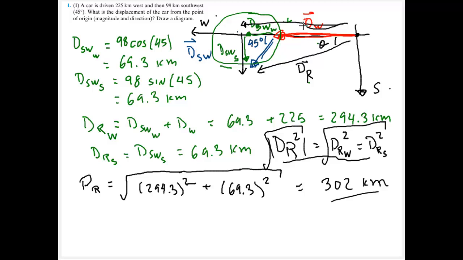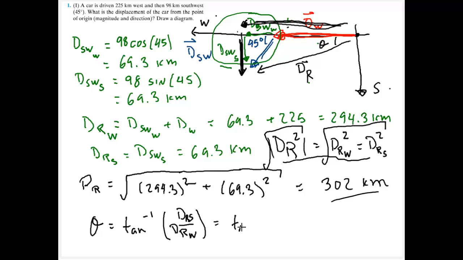We know that right there, that's the result in the westerly direction. We know this guy right here, the result in the southerly direction. So I know the opposite and adjacent sides. So I know that the angle must be equal to the inverse tangent of the southerly side over the westerly side, d resultant in the southerly, d resultant in the westerly.